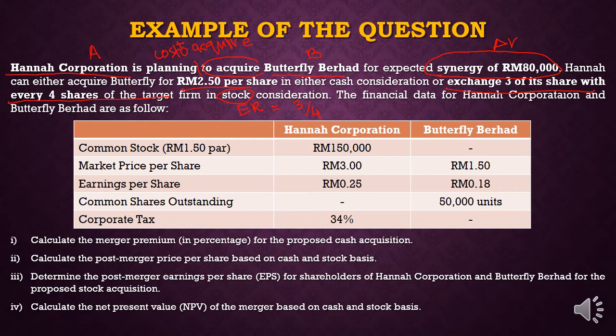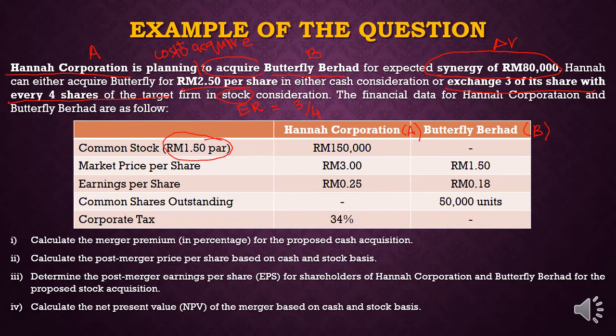Next, the financial data for Hana Corporation and Butterfly Berhad are as follows. As we determined before, Hana Corporation is A company and Butterfly Berhad is the B company. It was given that the common stock amount for Hana Corporation is 150,000 with a par value of 1 ringgit and 15 cents.